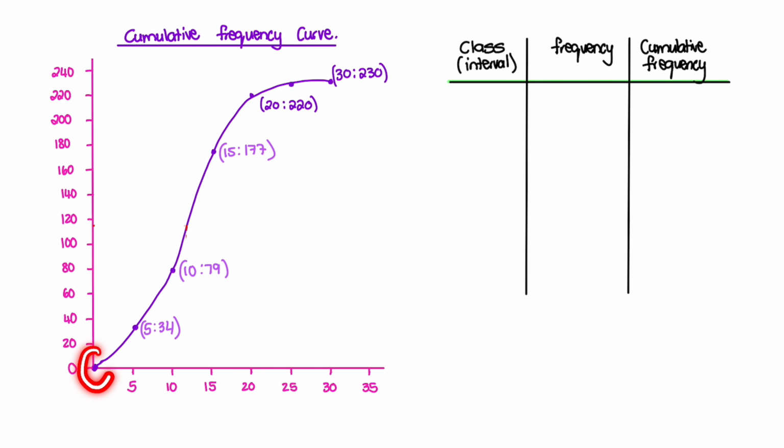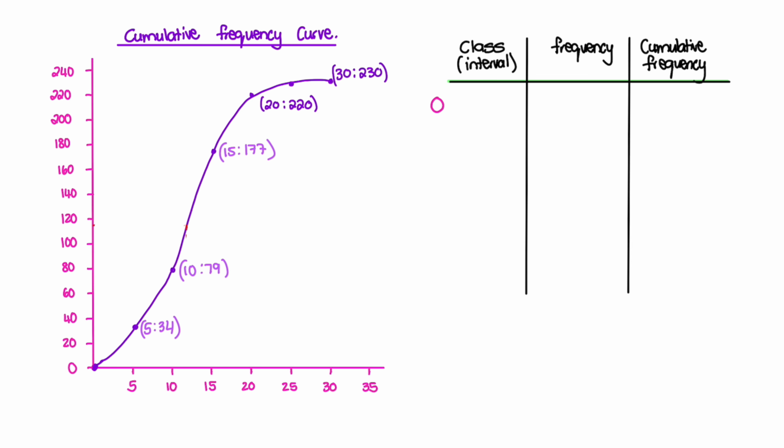So our first point here, that is called the grounding or the base value. That is where our intervals start. So we can see that our intervals would start at 0. So the x value would start at 0. And our first plot is 5 and 34.